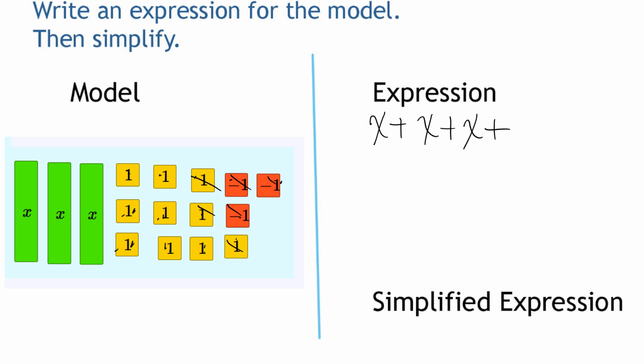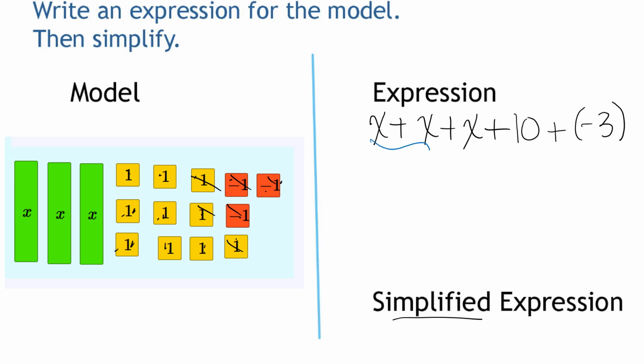So we have 10 single positive units and 3 negative units. And now we're going to simplify by combining like terms.